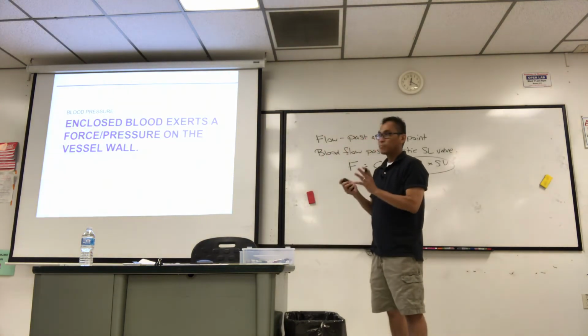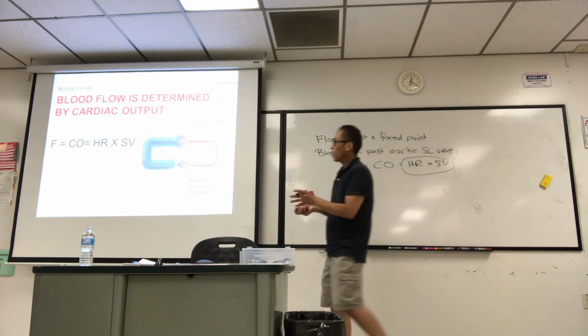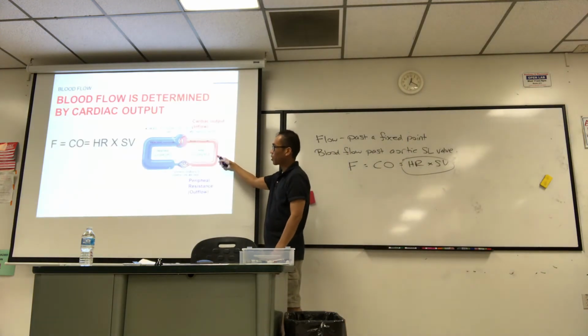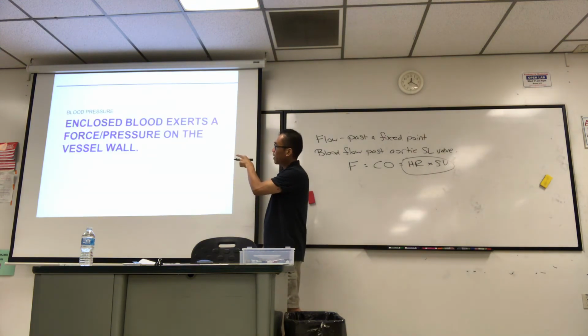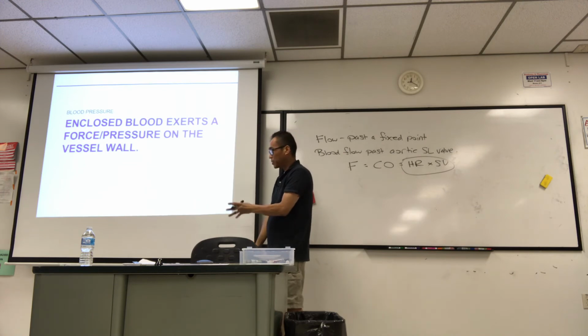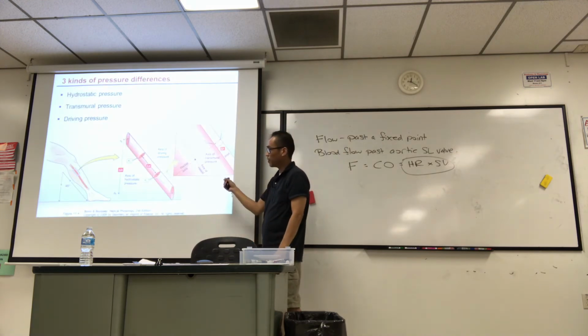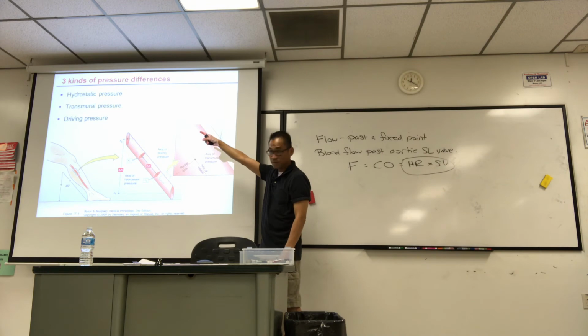So once you accomplish that, you can talk about the pressure inside the arteries themselves, the blood pressure. Because the blood exerts a force or pressure on the vessel wall, which can be measured in a variety of ways. And I use this figure to help me teach those three terms on the top there.